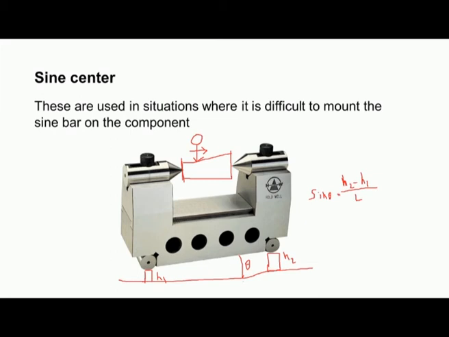Like that, we should adjust this inclination. When it reads 0, there will be a particular value of theta. So, that is the cone angle of the tapered component. Like this we can use the sine center for measurement of taper angles.